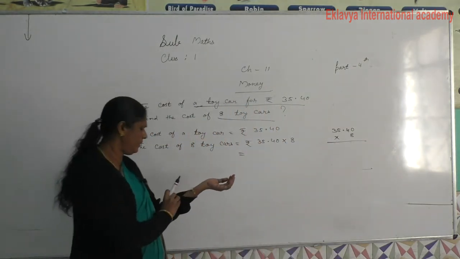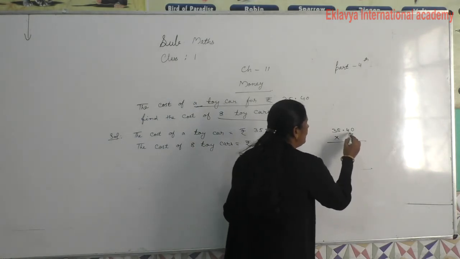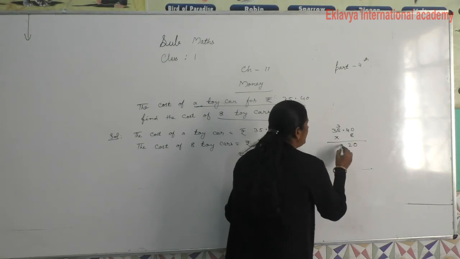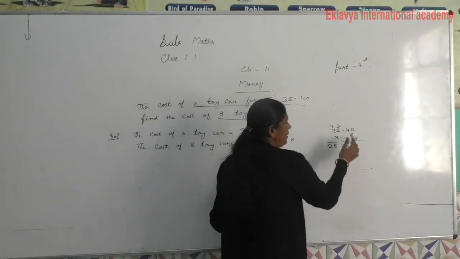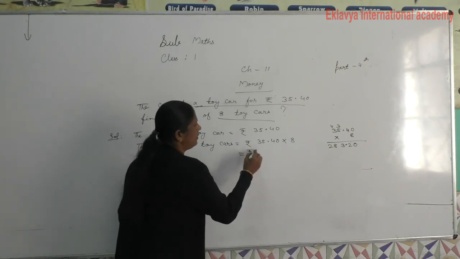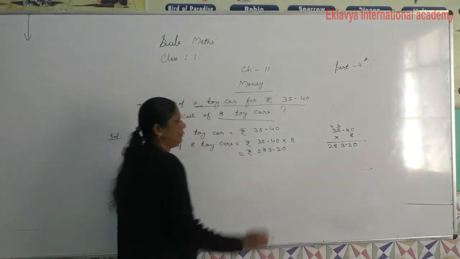You multiply by 8. 8 times 0 is 0, 8 times 4 is 32, then carrying, then 8 times 5 is 40, plus 3 is 43, then 8 times 3 is 24, plus 4 is 28. Then the answer is rupees 283.20.